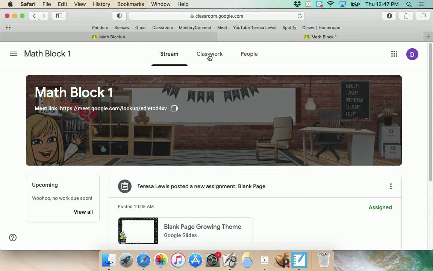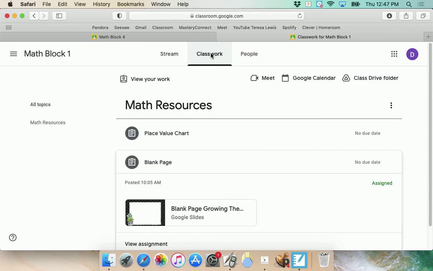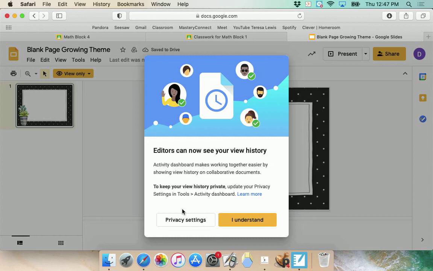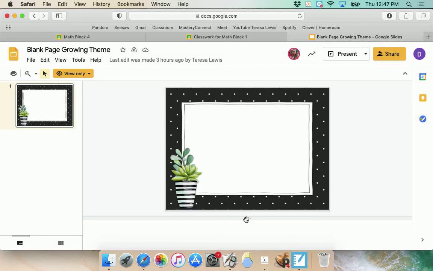Okay, so you're going to go to classwork, and you're going to click on this thing that says blank page growing theme. Now, mine's going to open up in Google Docs. Yours isn't. Yours is going to open up on the iPad, blank page. Now hit it again.